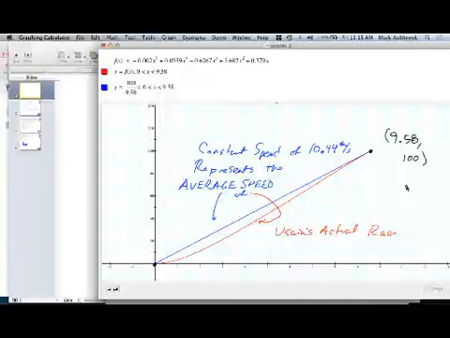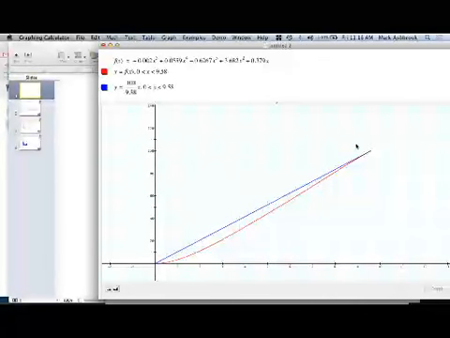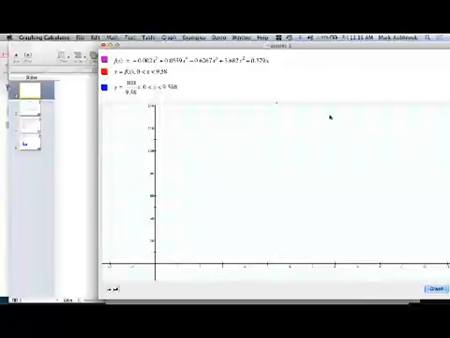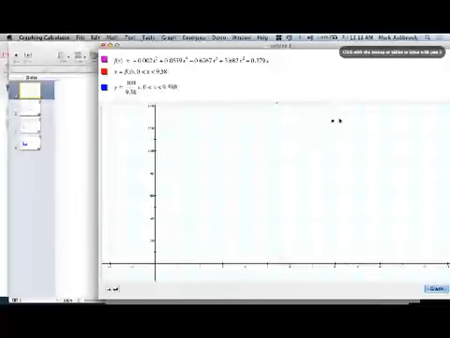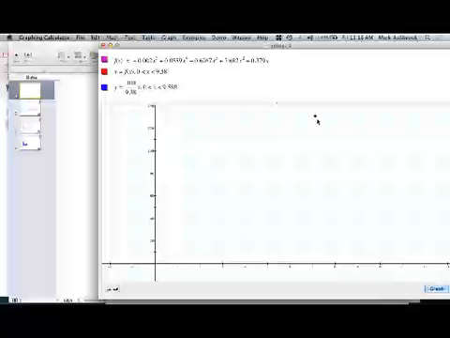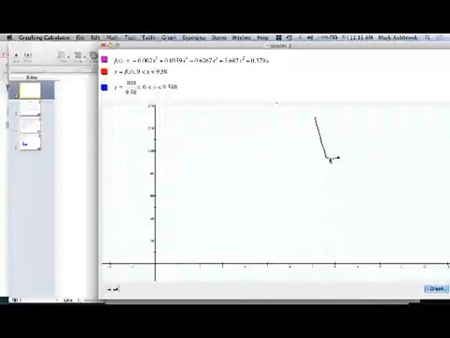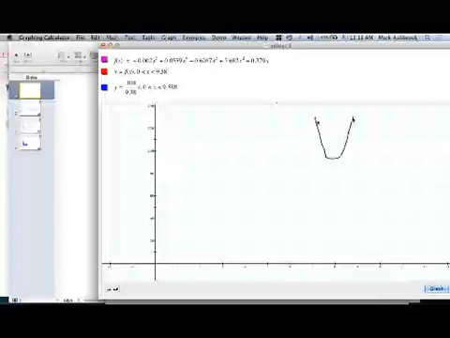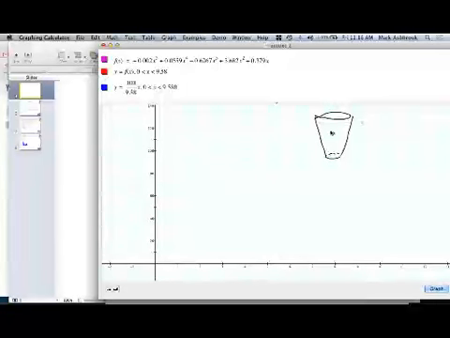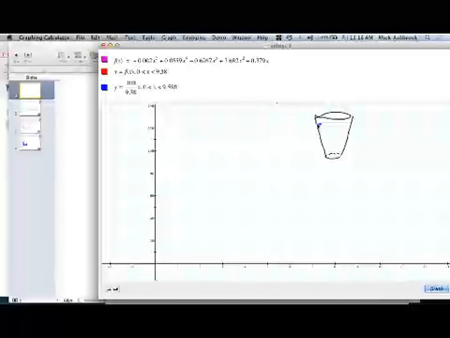Okay, so let's take this out of the context of speed and just any quantity. So suppose I have a vase like this, or like a bar glass, and say that it's filled with water.